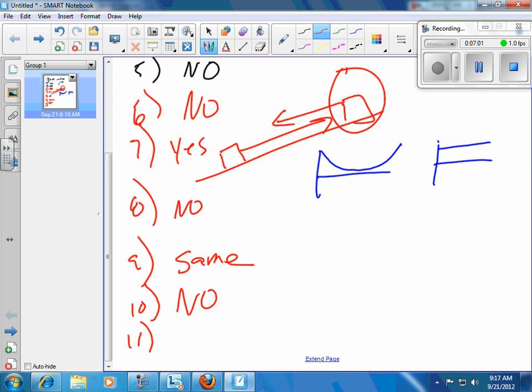Can an object have a northward velocity and a southward acceleration? Can you be going north and have a southward acceleration? Absolutely. Walking north and slowing down, right? You're driving along the highway to go see Justin. Is it Sifton or Fork River, Justin? Fork River. We're going to Fork River, see Justin.